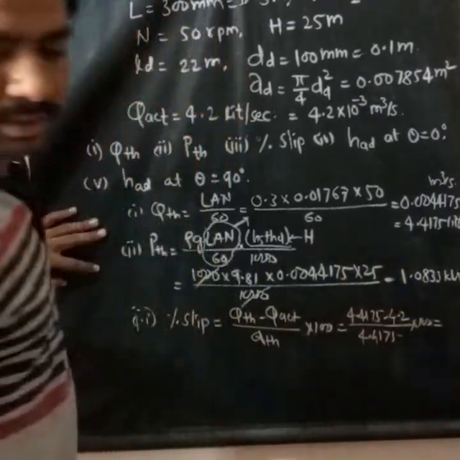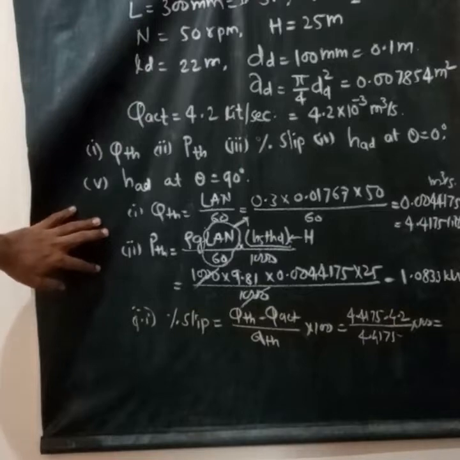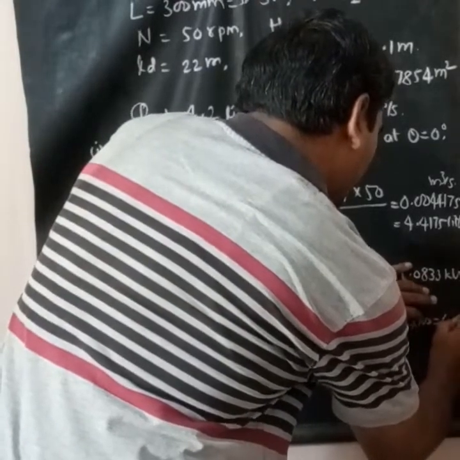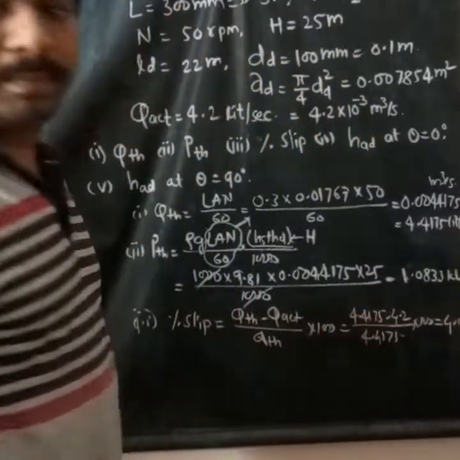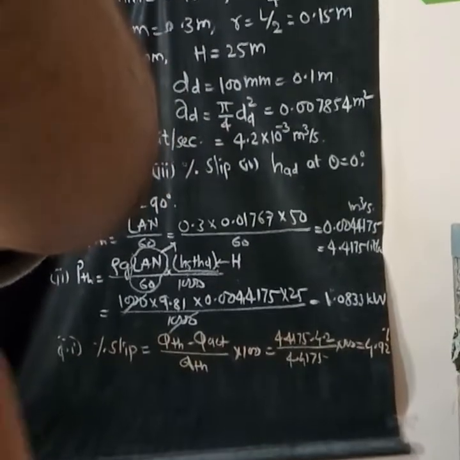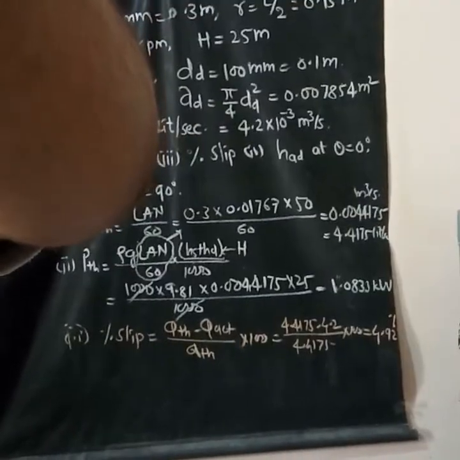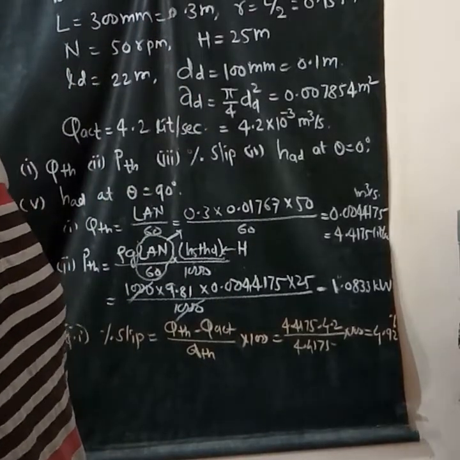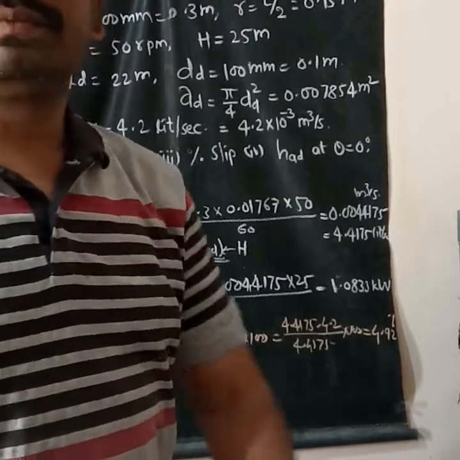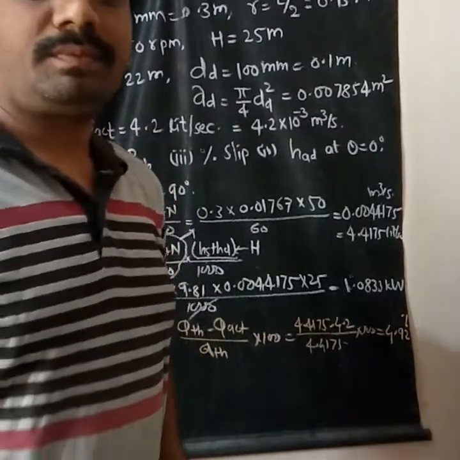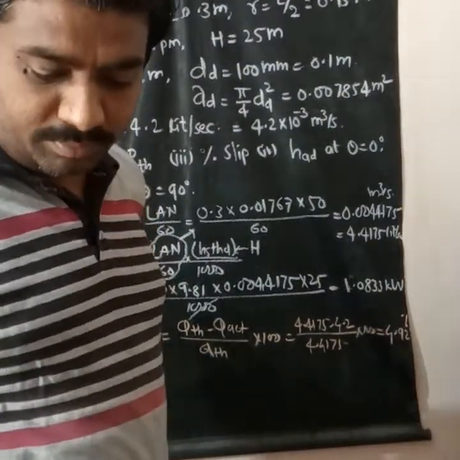We will get the percentage of slip as 4.92. The answer is 4.92%. So this is the value of the percentage of slip.